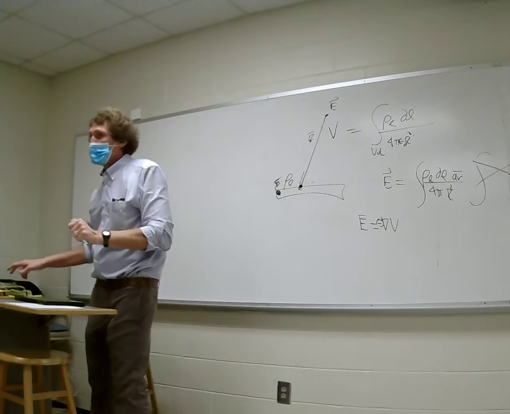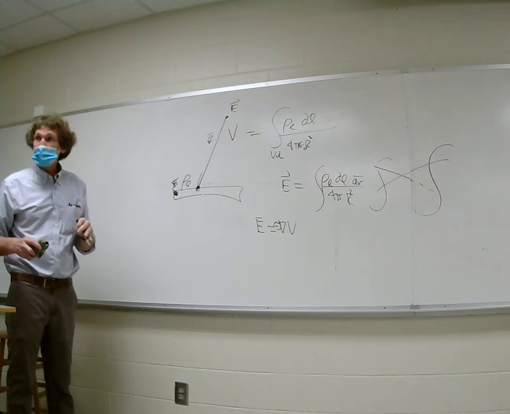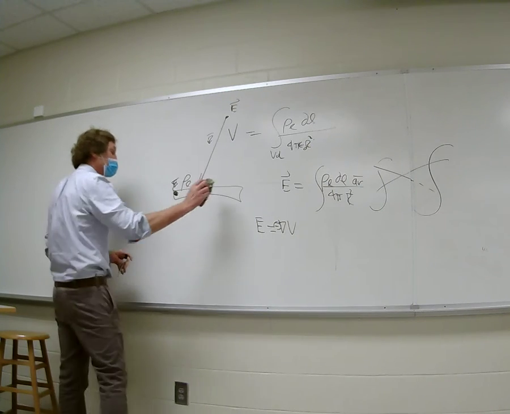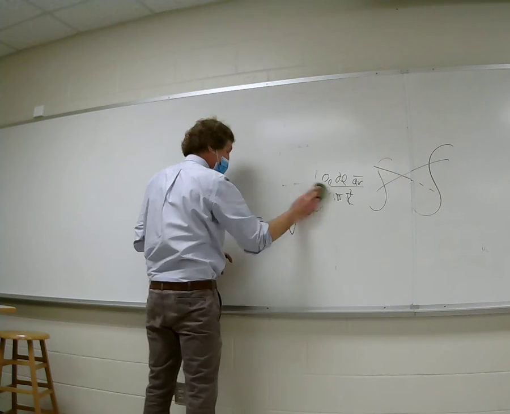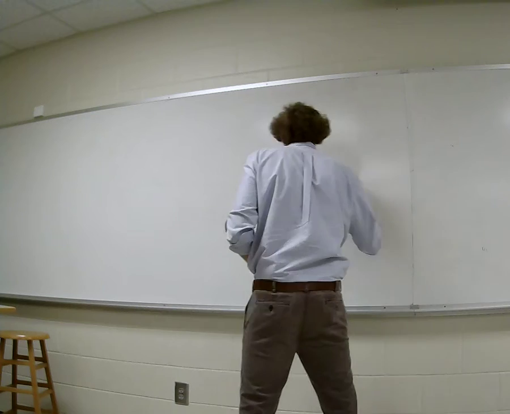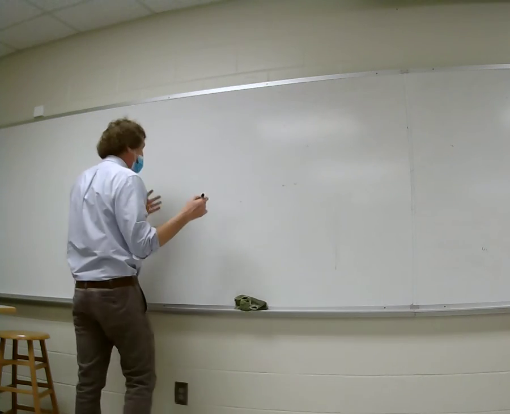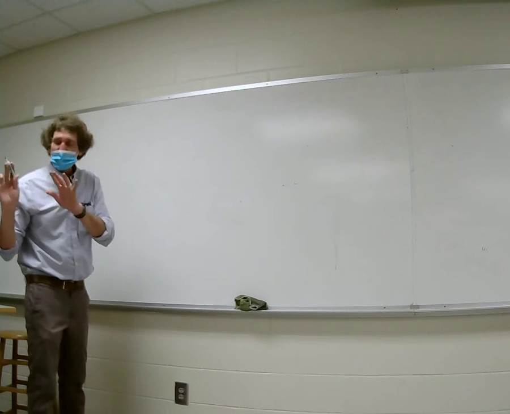So now, let's talk about electrodynamics, time-varying electric fields related to antennas. Here we go. How did we do it when you were exposed to voltage? Don't write this down, please.